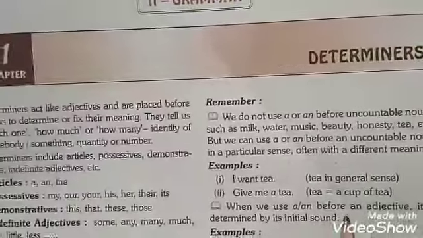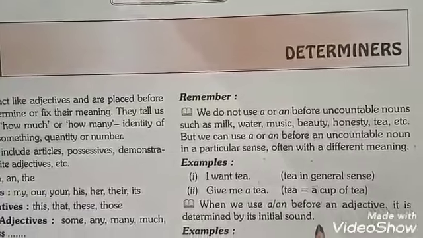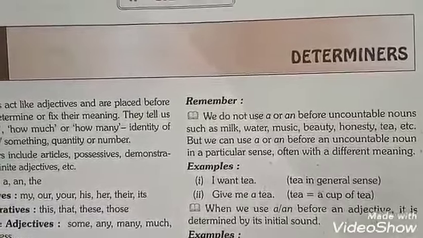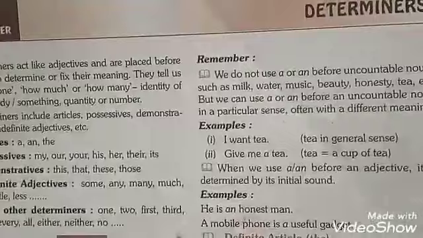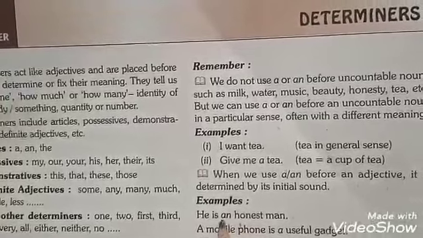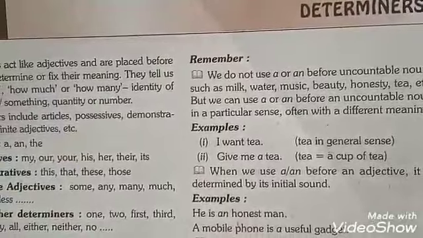Second rule: when we use a or an before an adjective, it is determined by its initial sound. He is an honest man. Here, honest starts with a consonant letter, but the sound is missing, so an has been used. I have already stated and described the rules earlier.